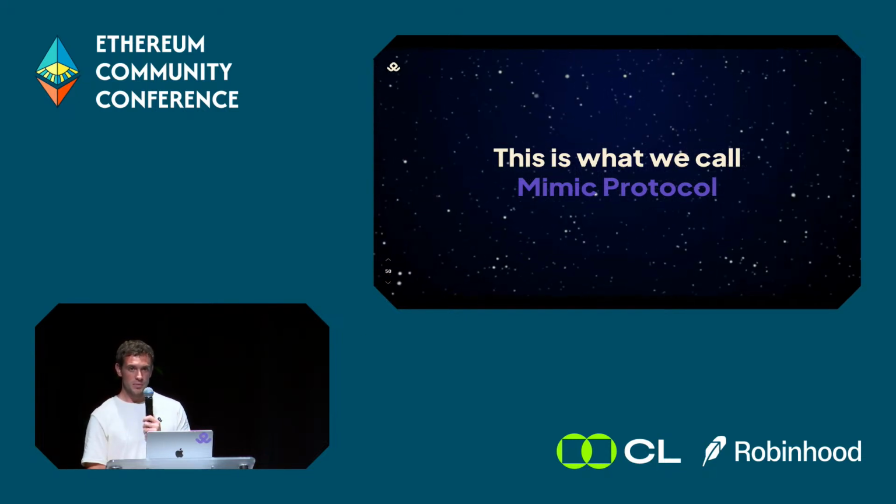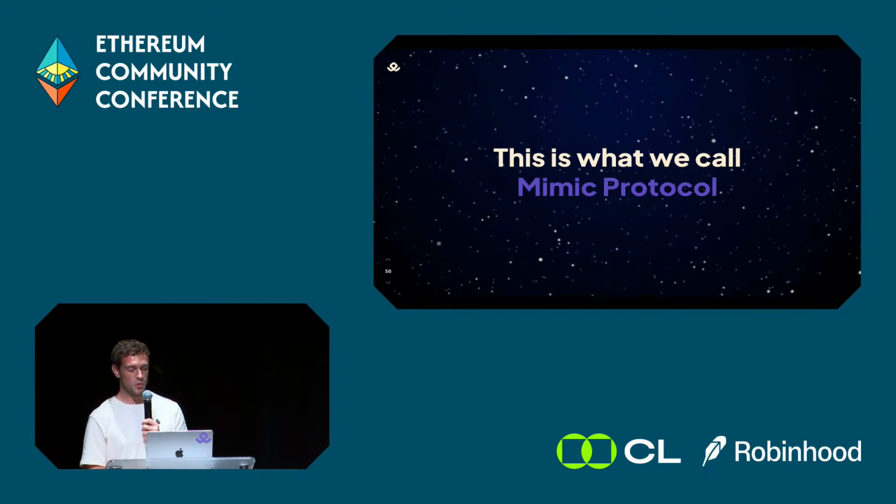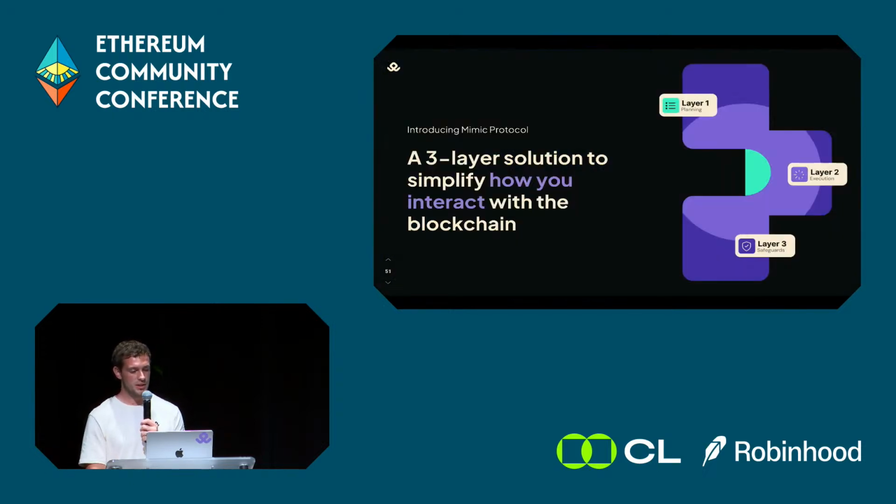Let me tell you a little bit more about how Mimic Protocol works. Essentially, Mimic Protocol is a 3-layer solution to help developers interact with the blockchain without too much intervention. The main idea is for the developer to focus on what they need to automate, on the code, and on when things should happen, without taking care of anything more than that.